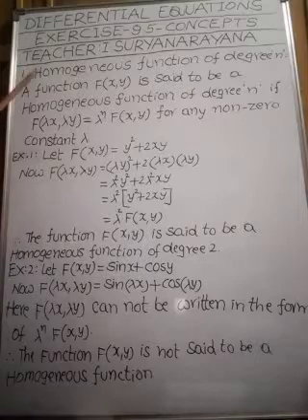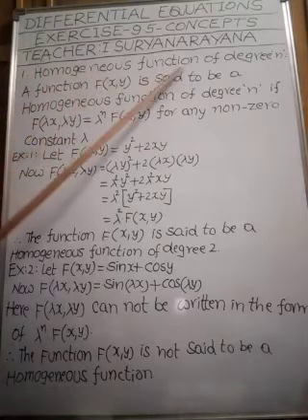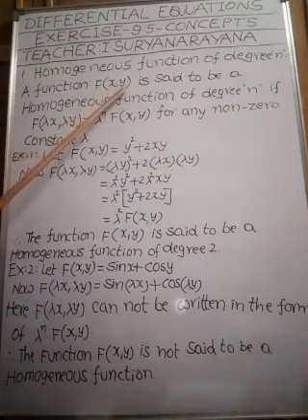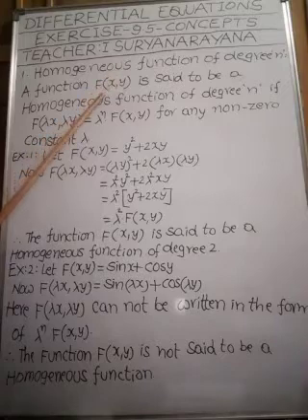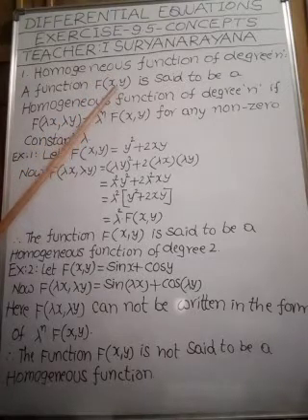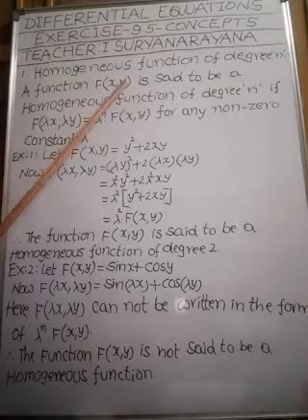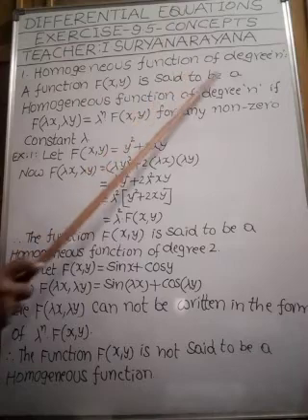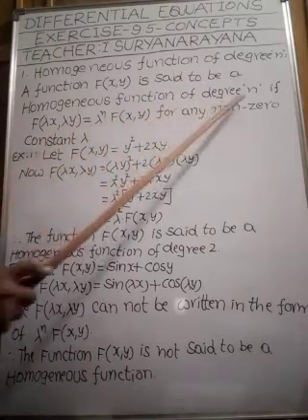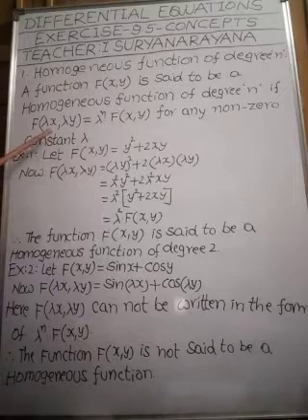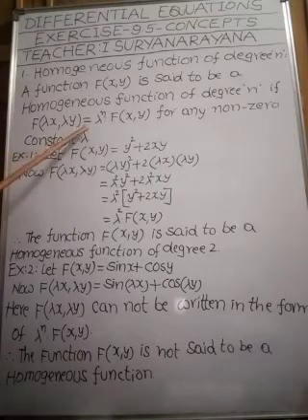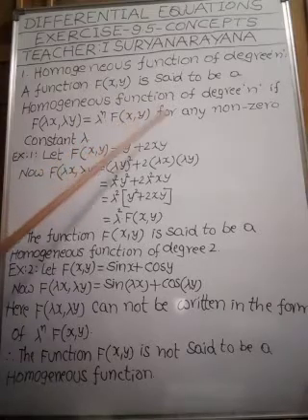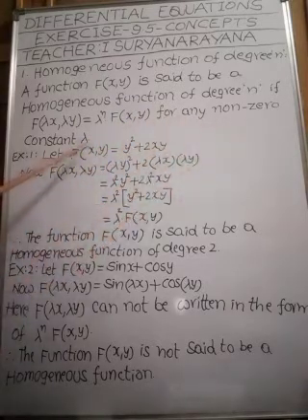Okay, my children, see the first point. Homogeneous function of degree n. A function f of x comma y is a function in the variables x and y. Understood this point, my children? f of x comma y is said to be a homogeneous function of degree n if f of lambda x comma lambda y is equal to lambda power n into f of x comma y for any non-zero constant lambda.